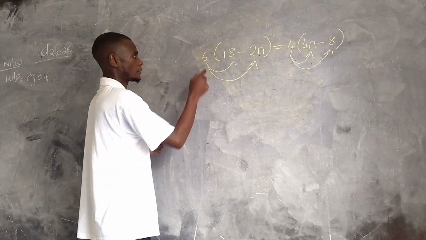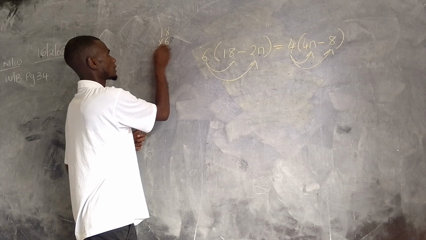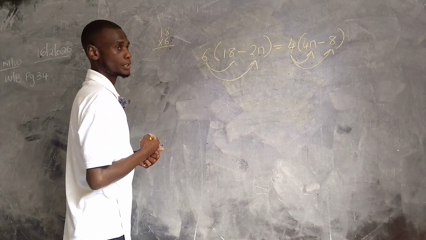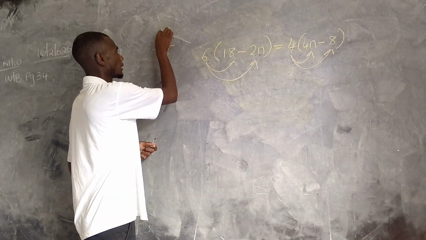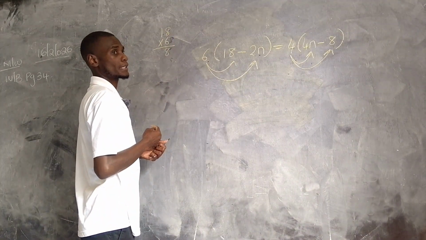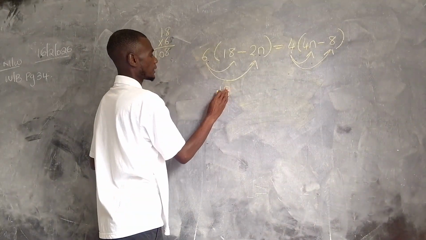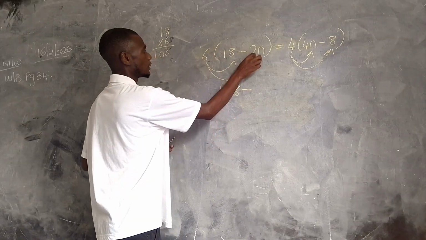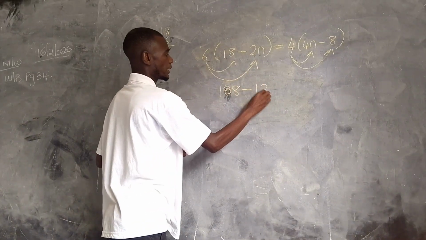So that means we will have 6 times 18. 6 times 8 is 48, 6 times 1 is 6 plus 4, 10. So we will have 108 here, that is for this, minus 6 times 2n, that is 12n.